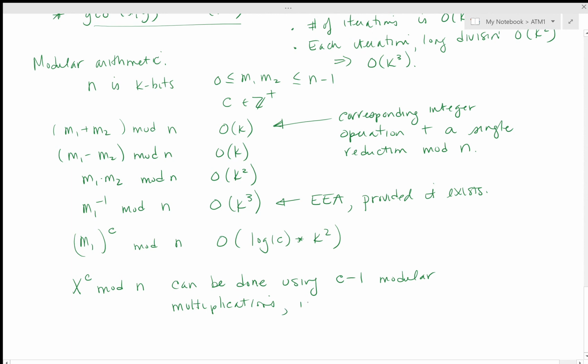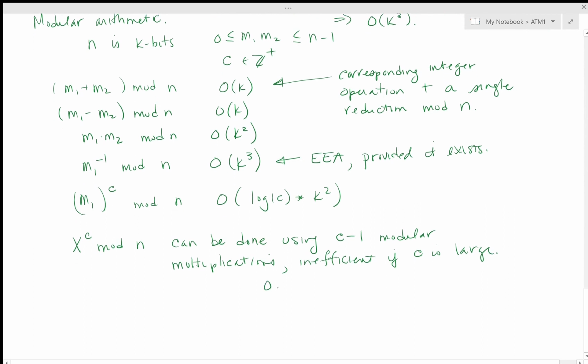And that is inefficient if c is large, because this is O of k squared times c minus 1. That is, if you are going to do it with the idea of just looking at x to the c as x times x times x times x times x, and do that c minus 1 times.